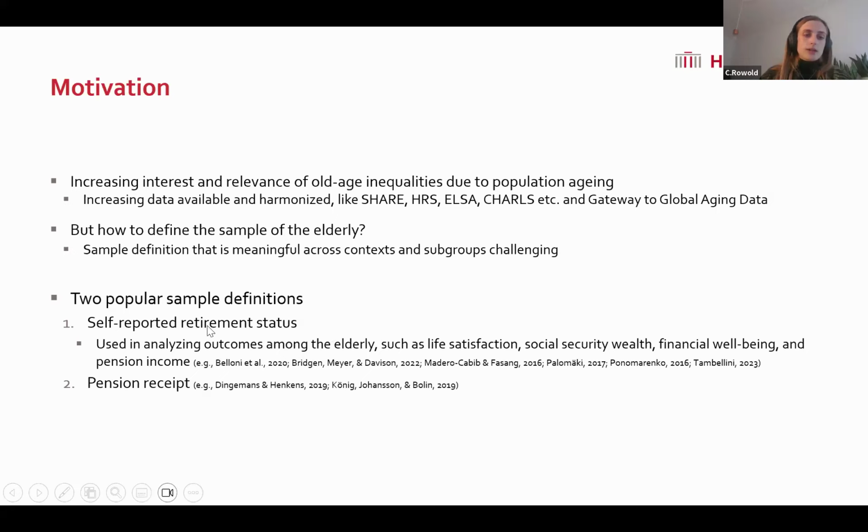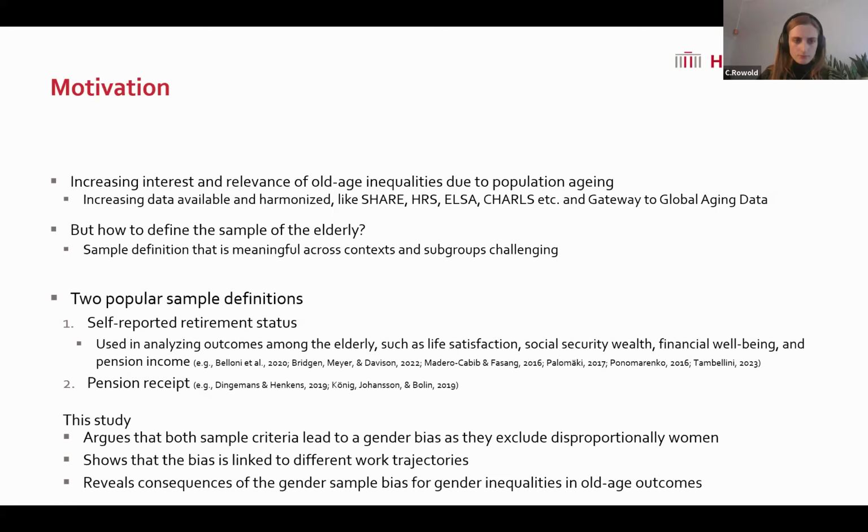The second one is pension receipt. So here studies include everyone in their sample who actually receives pensions, also for just studying different inequalities among the elderly. In this study, I argue that both sample criteria lead to gender biases as they exclude disproportionately women.